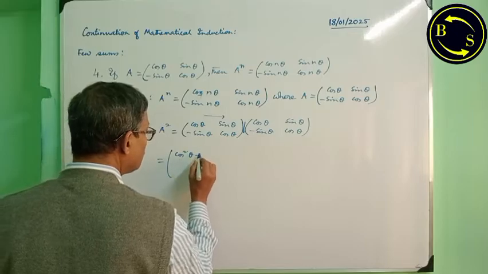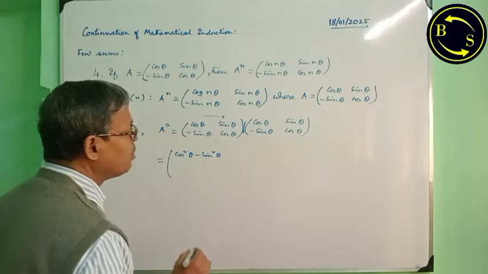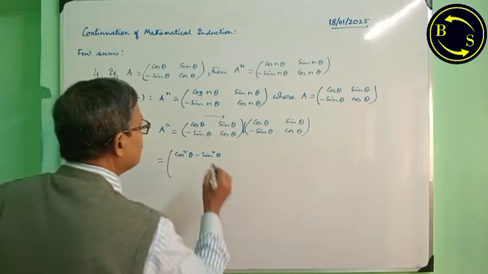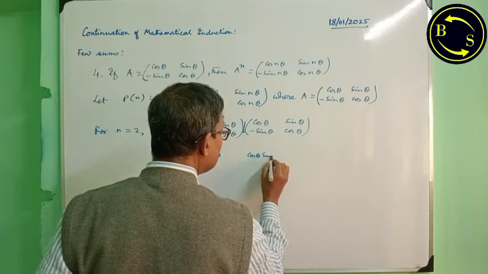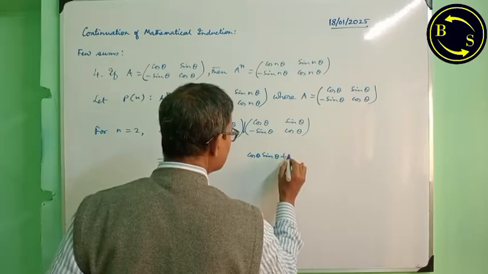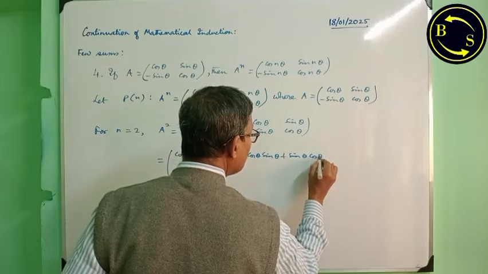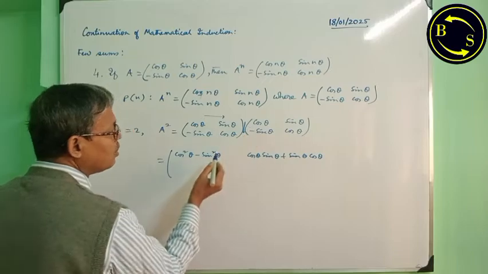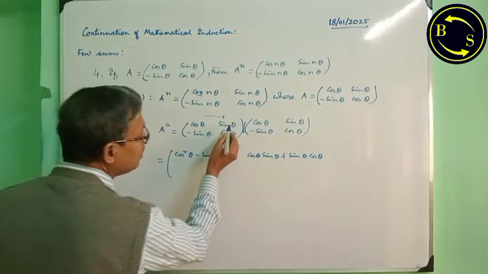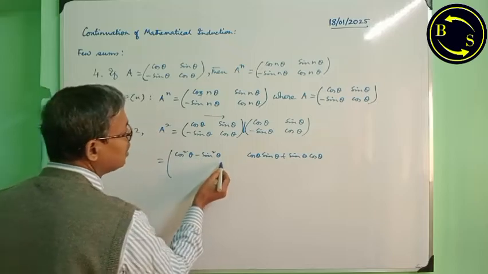That is the first element of the first row. Then this element into this element gives cos square theta, then this element into this element, minus sin square theta.